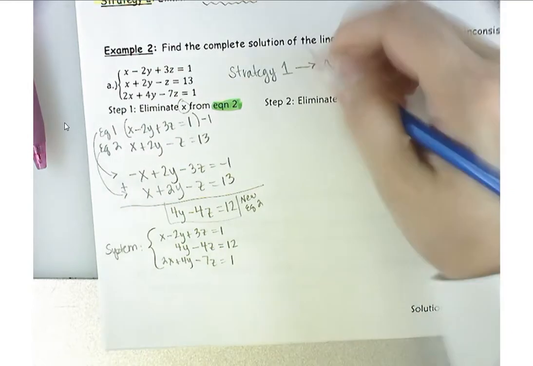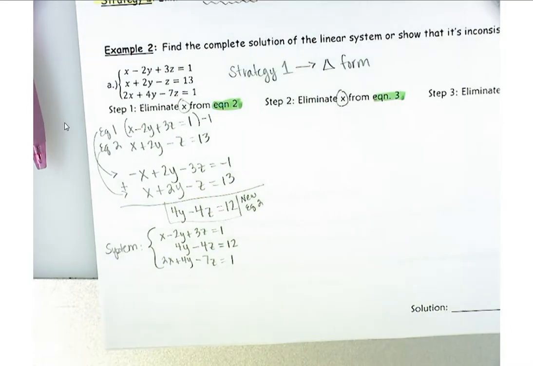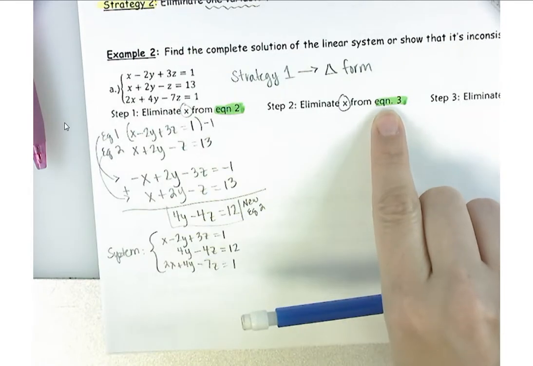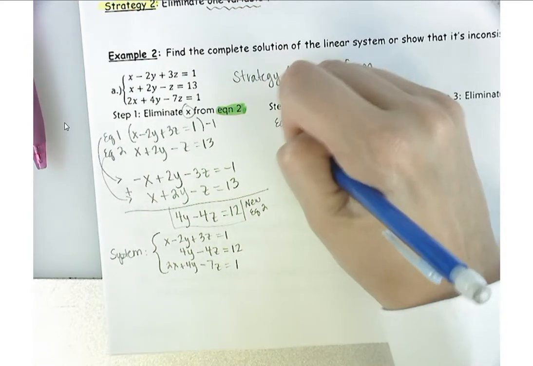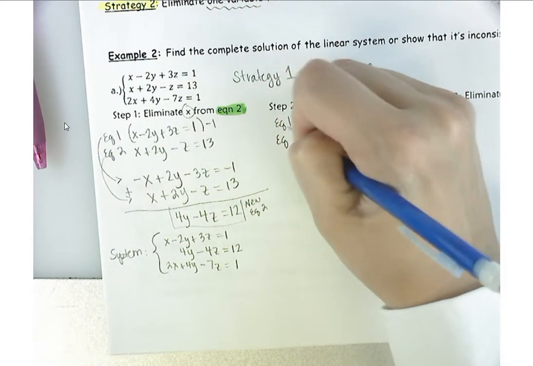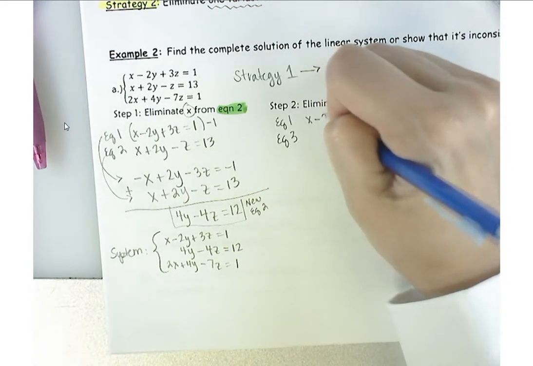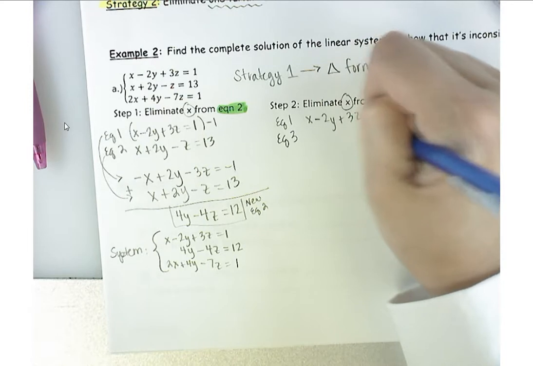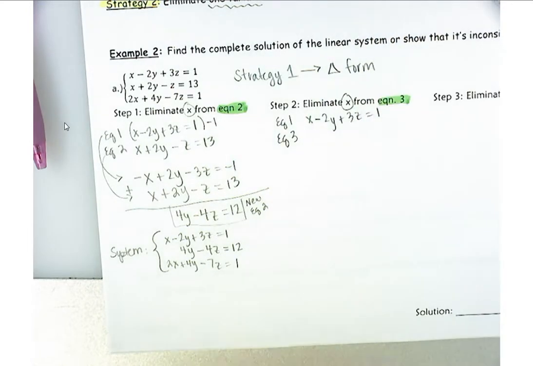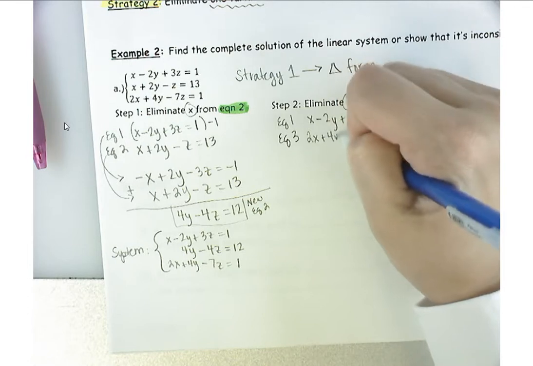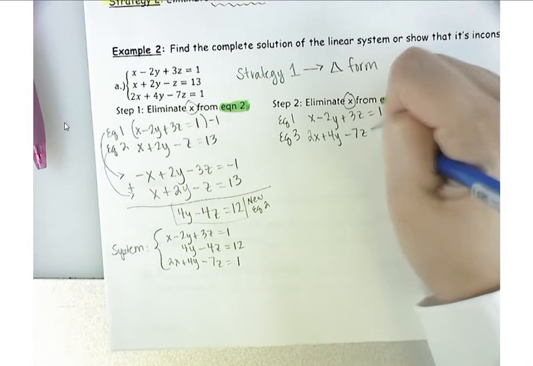Okay, so I'm going to eliminate the x. So in order to do that, because I'm working with equation 3, I definitely want to have equation 3 in there. And then I'm also just going to use my first equation. So equation 1 is x minus 2y plus 3z equals 1. My third equation is 2x plus 4y minus 7z equals 1.